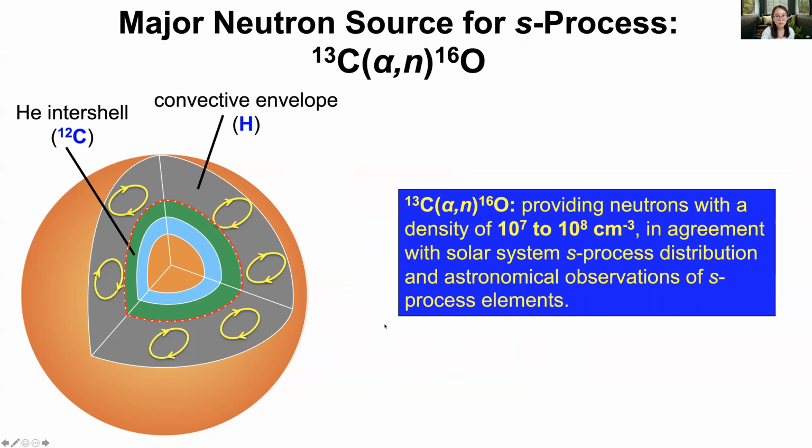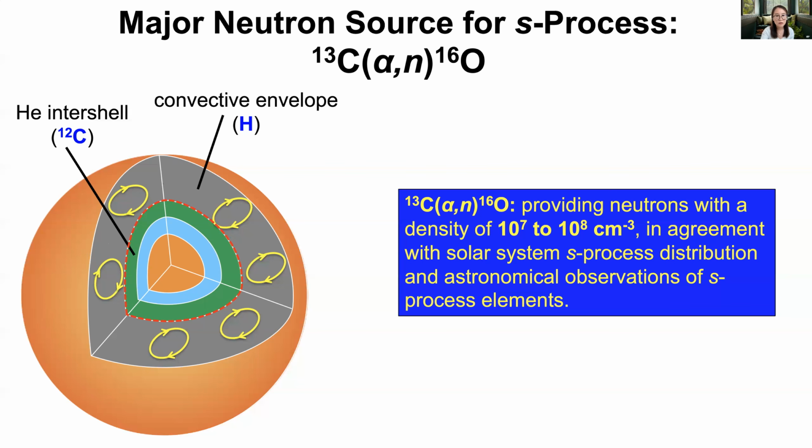We also know the s-process mainly occurs in the helium intershell of an AGB star. Once the s-process products are made, they can be brought up to the surface by a phenomenon called third dredge-up later. And this is why we can observe technetium on the surface of AGB stars.